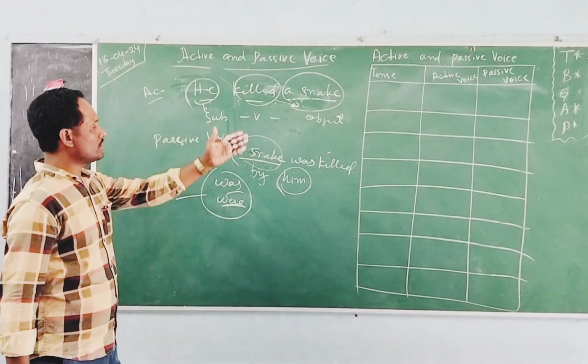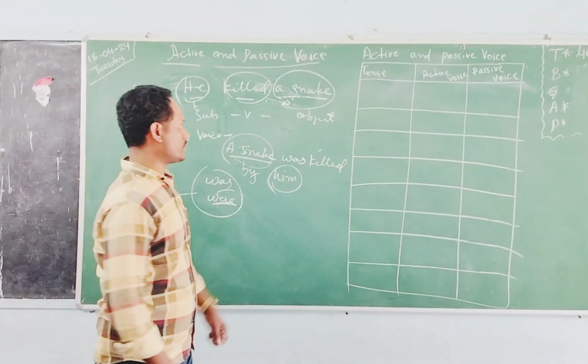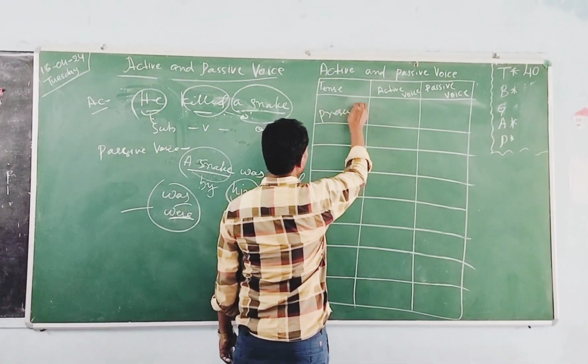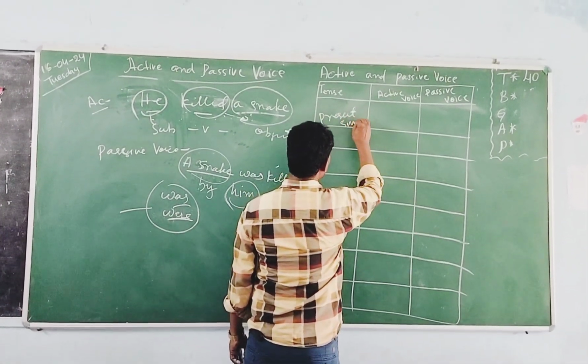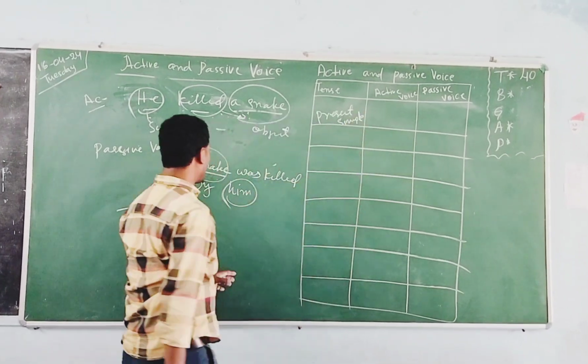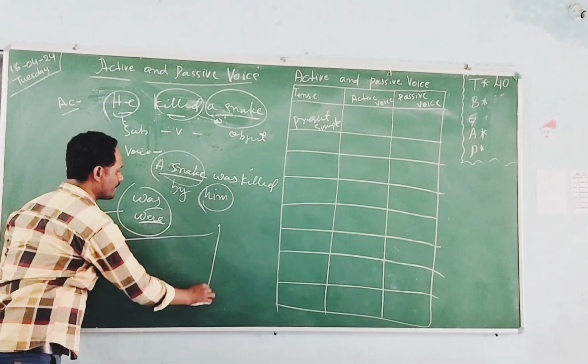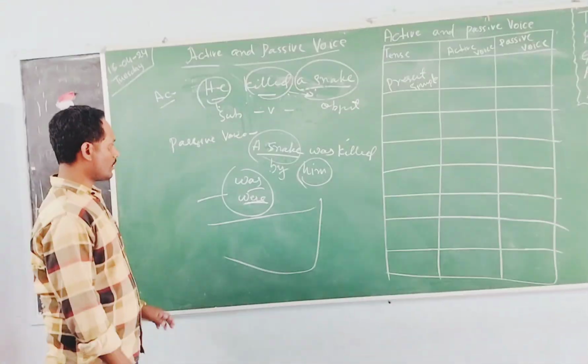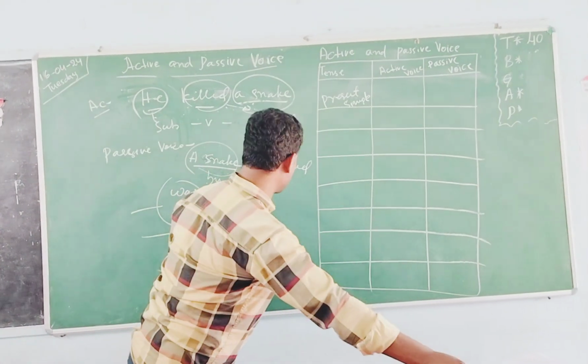Let me start with some rules and regulations to make you clearly understand. Present simple. So in active and passive voice we have tenses. We have 8 tenses in active and passive voice.